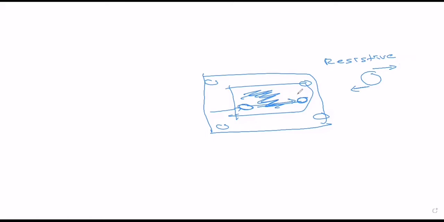When you apply the powder, children, this surface will become smooth. When the surface becomes smooth, this resistive force will not be there, or else you can say the resistive force will decrease. When the resistive force decreases, it will move a longer distance. That is the reason we usually apply powder to the carom board.